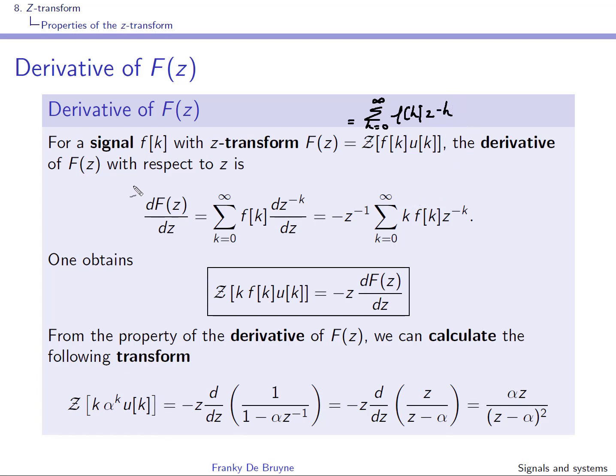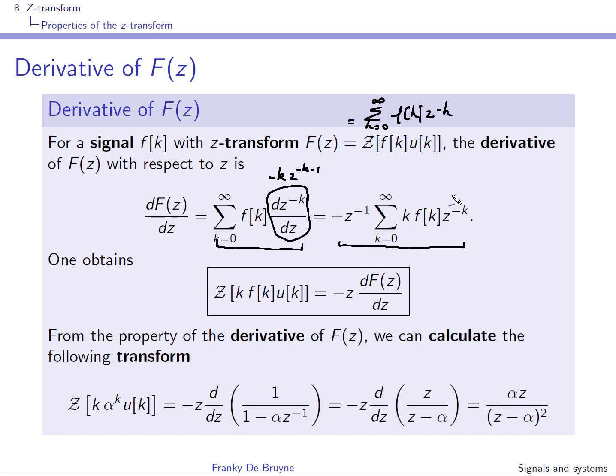So if we take the derivative of this quantity with respect to z, this is what you obtain, and if you compute it, it's minus k z to the minus k minus 1. Okay, so you can rewrite this, and this is what we obtain.